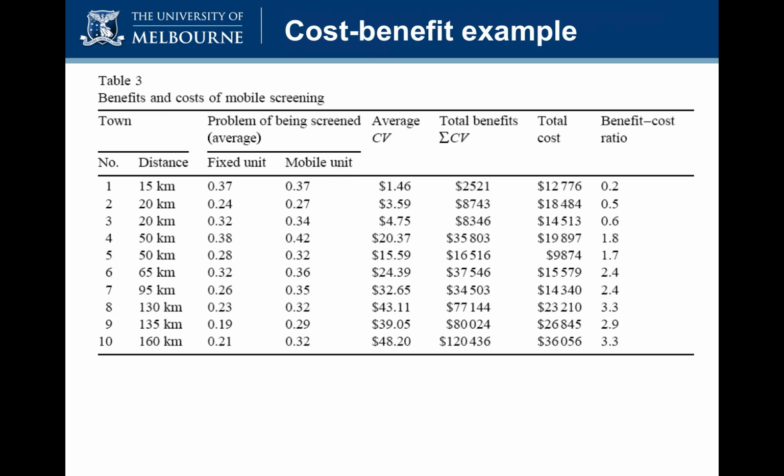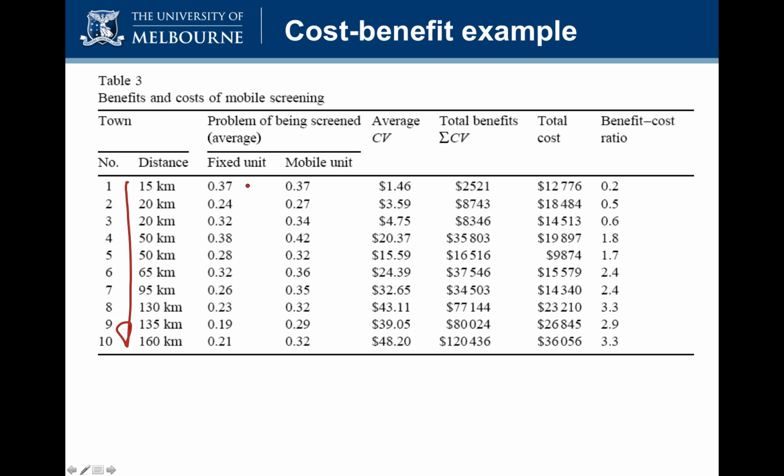So as you can see from this next diagram, what we've basically got here is the distance of different towns. As you can see, the towns, as we go down here, are further and further away from an existing fixed site, and we've basically got estimates of the proportion of women who would have attended if they had to travel to the fixed unit.